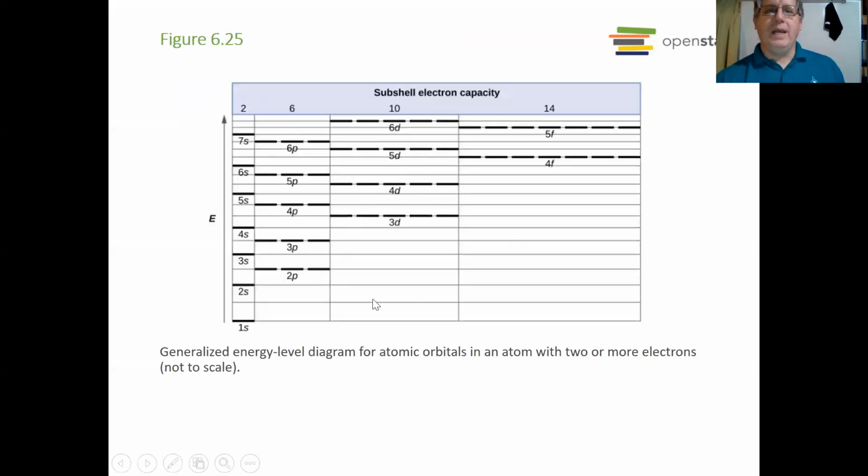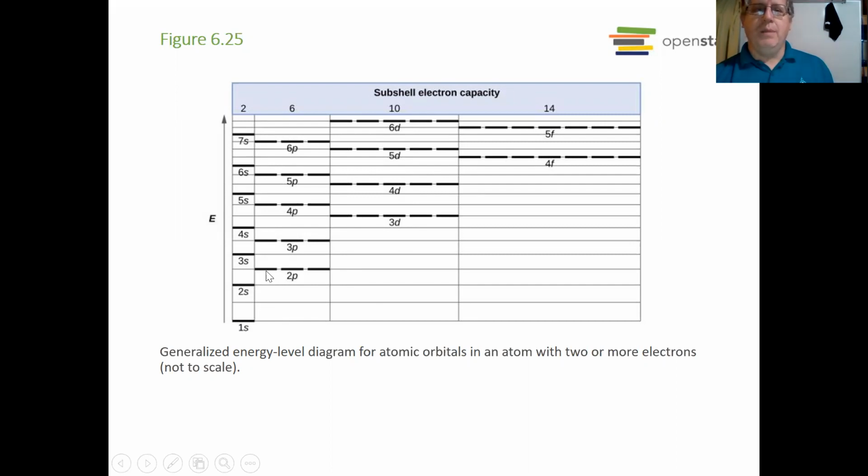Okay, when we take a look at the capacity for subshells, notice that each of these little blanks represents an orbital in which the electrons can be placed, such as the 1s, the 2s, the 2p, and the number of little blanks represents the number of orbitals. So for the 1s, we have only a spherical orbital.